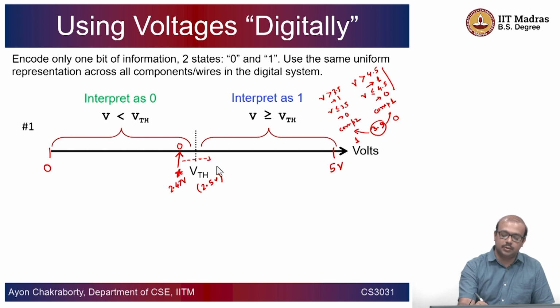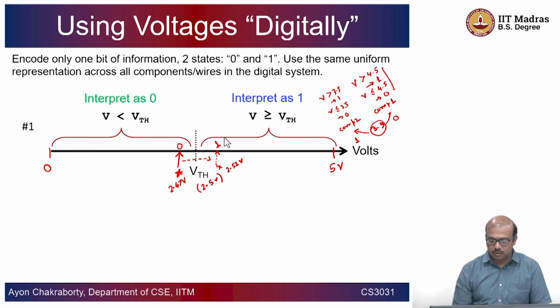You can end up with the value of x being, let's say, 2.52 volts, which means it is going to be interpreted as 1. This is the reason we typically do not keep this convention, or this methodology, to interpret zeros and ones.